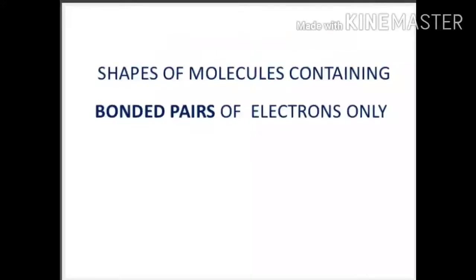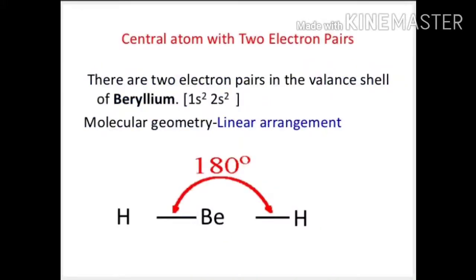Let us take some examples of molecules which have only bonded pairs of electrons, or symmetrical shape. The example is beryllium hydride. Here beryllium is the central atom and two hydrogen atoms are surrounding atoms.